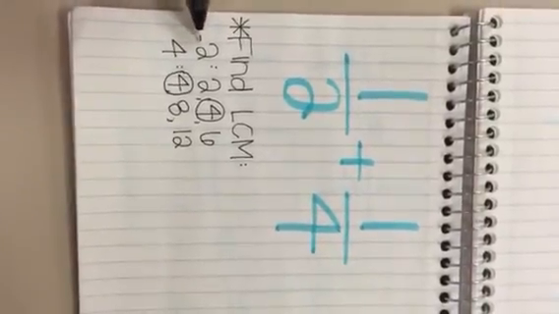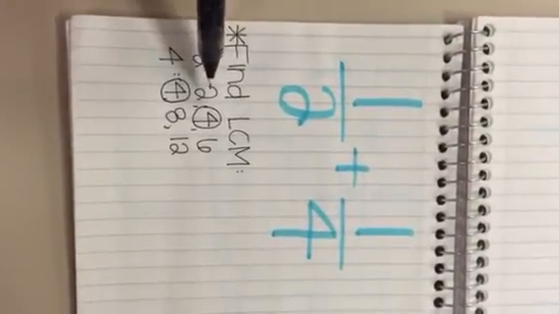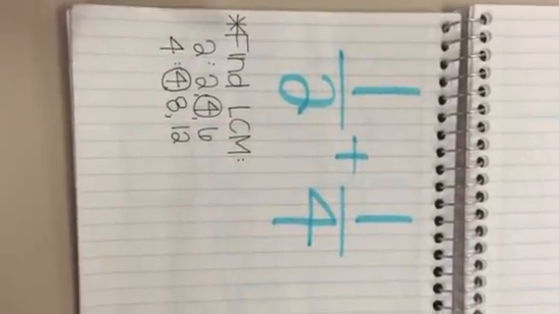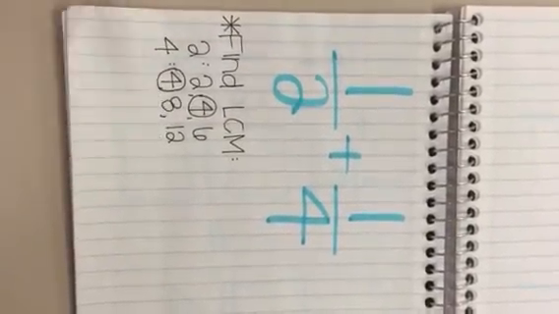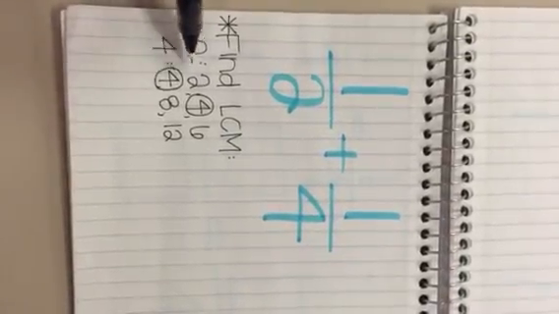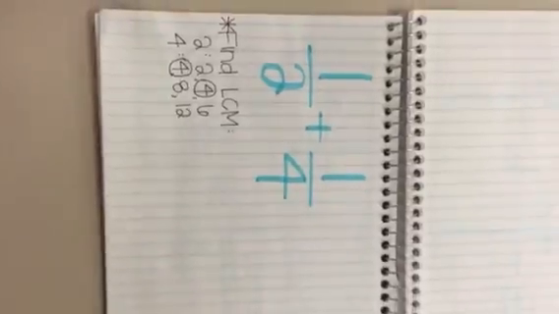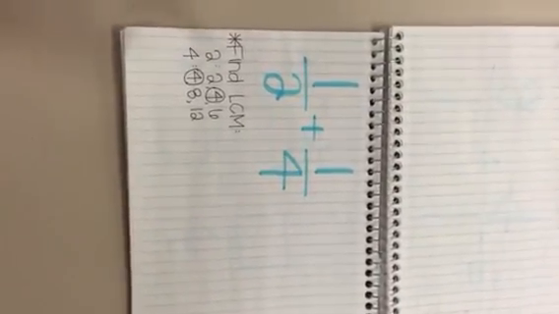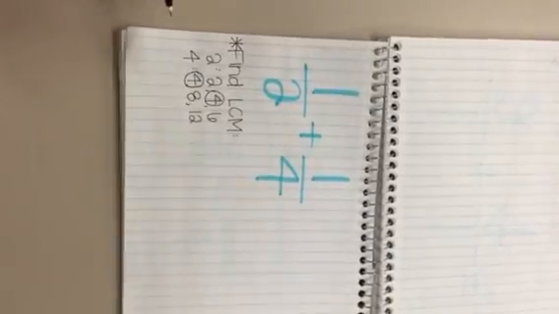For the number 2, our first three multiples are 2, 4, and 6. And for the number 4, they are 4, 8, and 12. Therefore, the least common multiple of the two numbers would be 4. So that means that our denominator for both fractions needs to be 4.